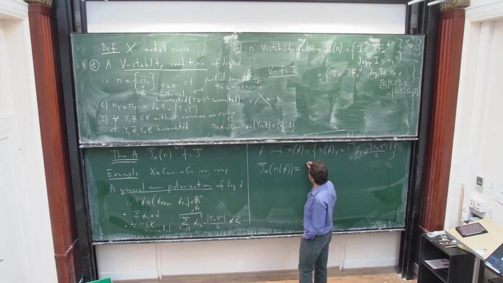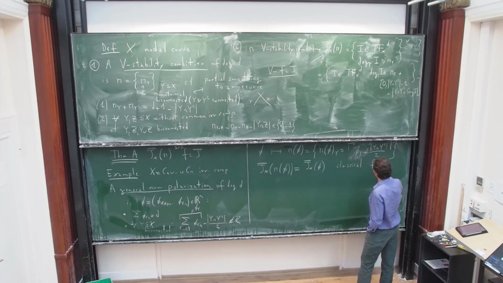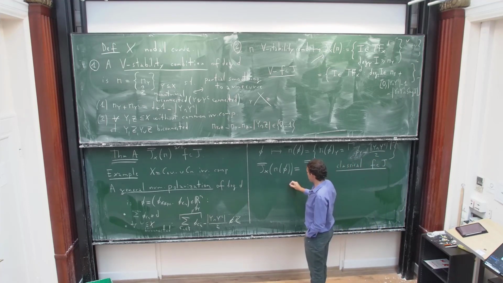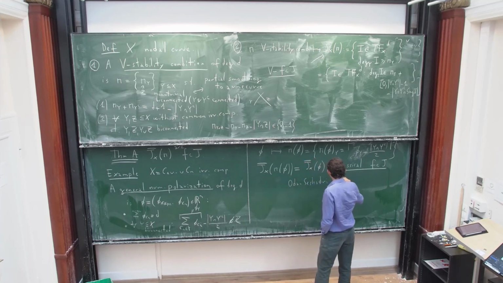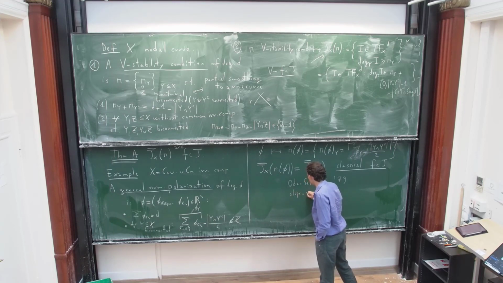Okay, then in this case, this object is something well known. Now I will call it the classical fine compactified Jacobian. And this kind of objects were first studied by Oda and Seshadri. Then it was realized that they can be realized as moduli spaces of slope stable sheaves.